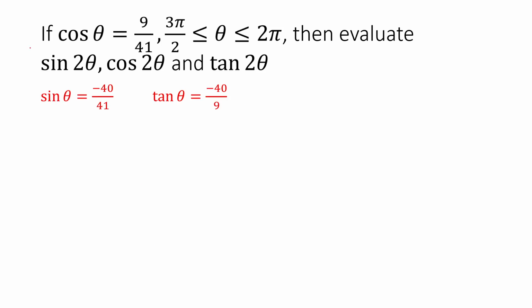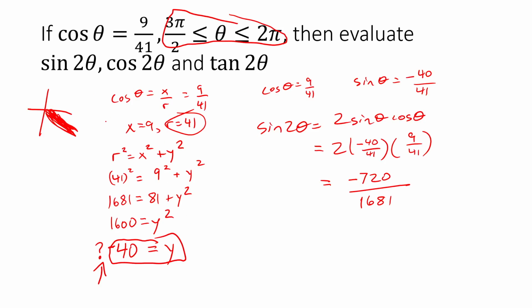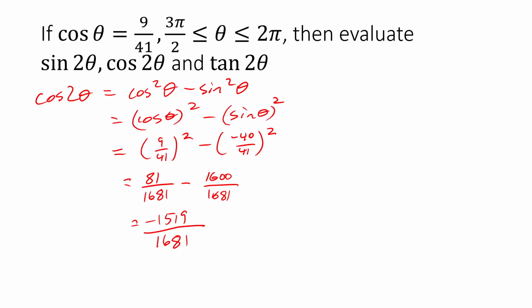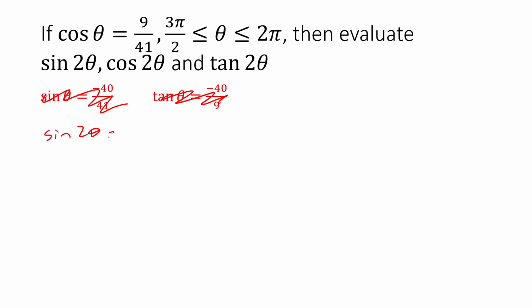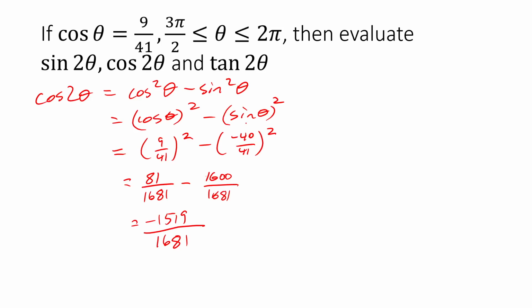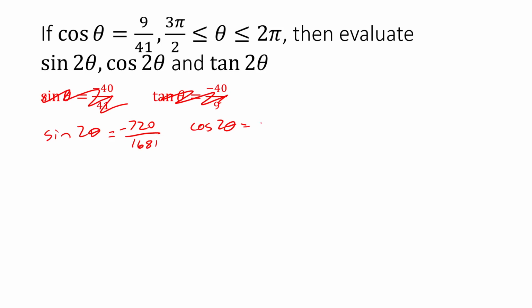Now, what does the tan of 2 theta equal? Well, we saw from 2 slides ago that the sine of 2 theta is negative 720 over 1,681. And we saw from the last slide that the cos of 2 theta is equal to negative 1,519 over 1,681.